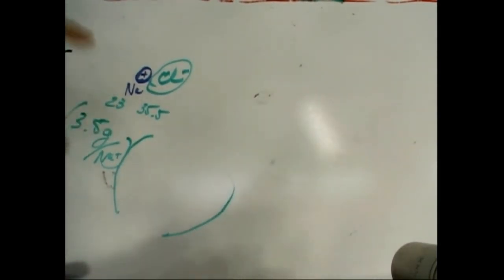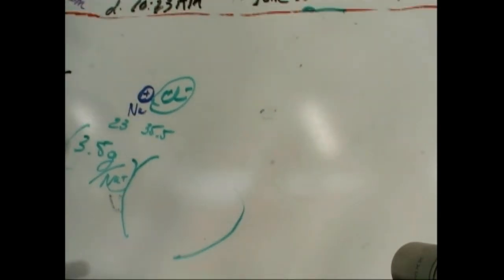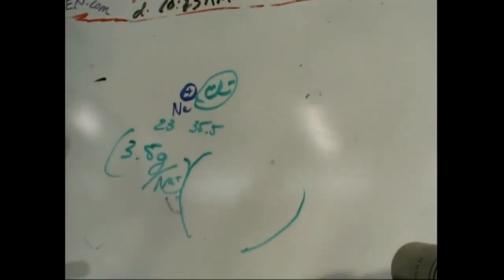And the ratio of the difference of these two is 35.5 for each 23. So what I want to show is that if we had 3.5 grams of the sodium, how much of the chloride is the equivalent of that, to make the sodium into salt? That's the dilemma.